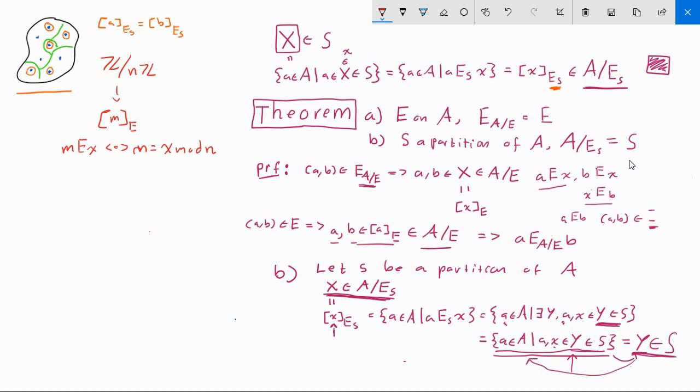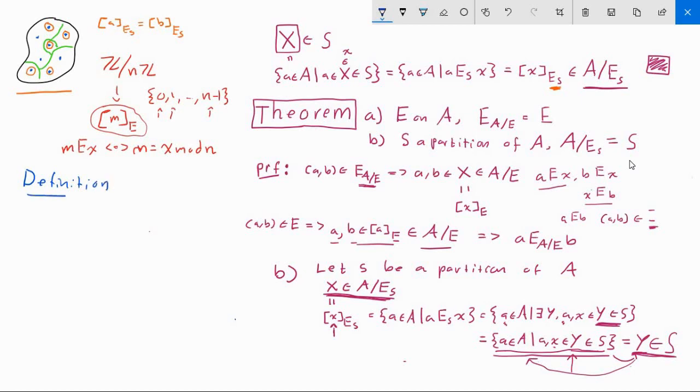And so really this is an equivalence class of infinitely many numbers, but what we do is we choose a representative for each of these classes that lies between 0 and n minus 1. So this is an example of where it's useful to choose representatives.